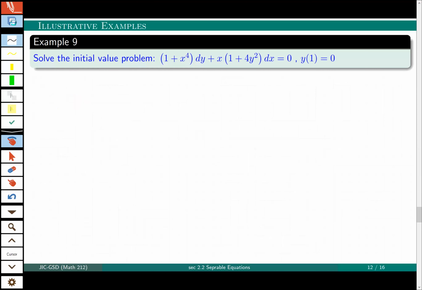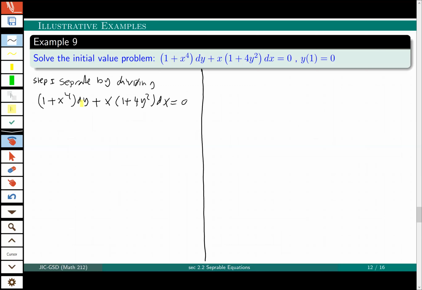Now, here we have again to separate. So what I have is a statement: 1 plus x to the power 4, dx equal to 0. That's a function of y, but this is a function of x, so I need to get rid of it, so I divide.